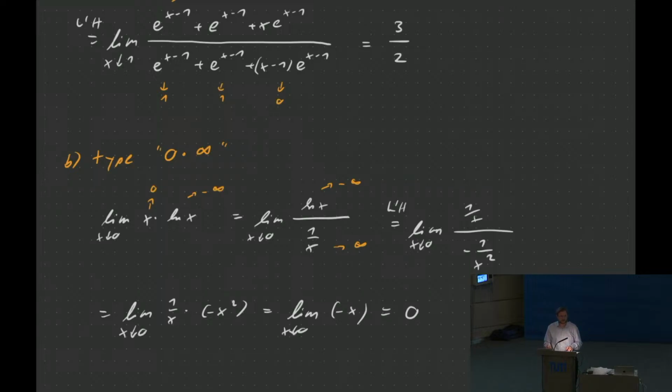Recall that last week we discussed the derivative of the ln function, that is 1 over x. So we're getting rid of the ln function, and now this is a limit that we can compute. Just reformulate that, very basic, and it turns out that is 0. So, another situation where you can apply L'Hopital's rule if you just do the right reformulation. Keep that in mind.